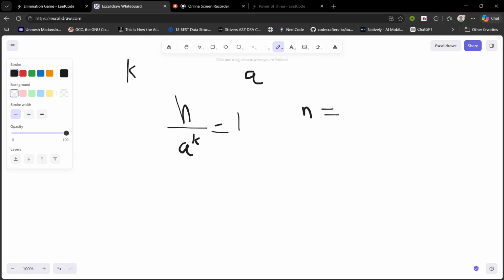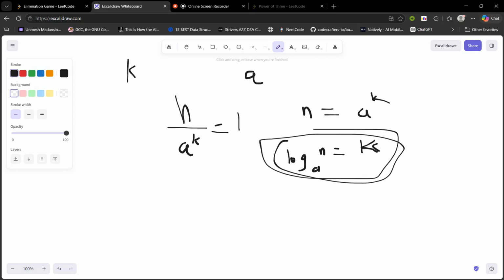That gives n is equal to a raised to k, and you can take log base a on both sides, so that will give log base a of n is equal to k, and this will always be our time complexity.